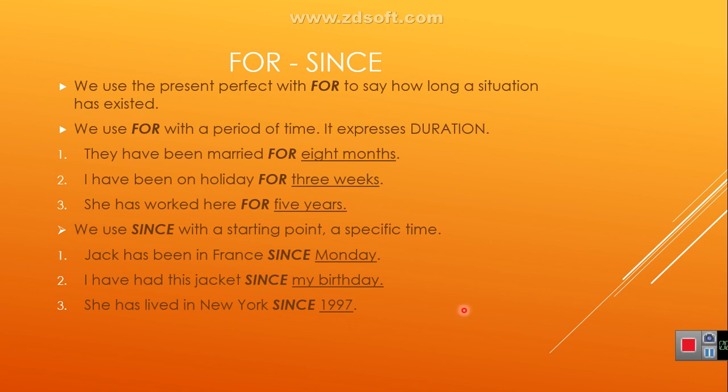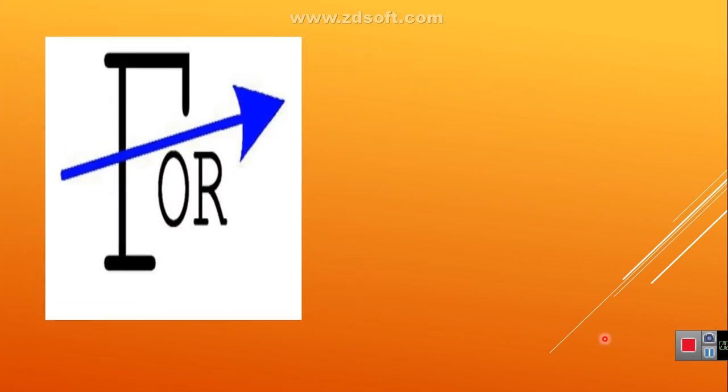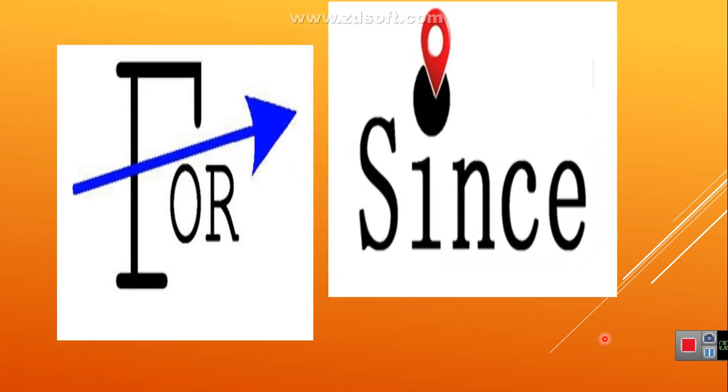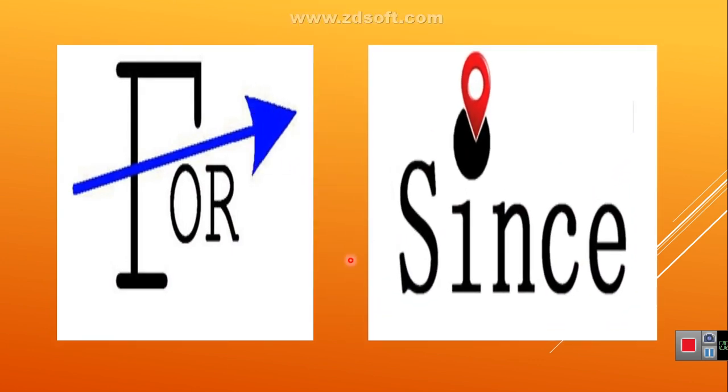So this is the difference between for and since in the present perfect. Now you can look at these two photos that can help you remember when to use for and when to use since. For a period or duration of time, and since for a specific point or a starting point.